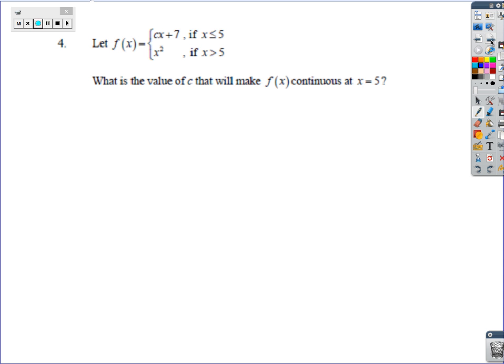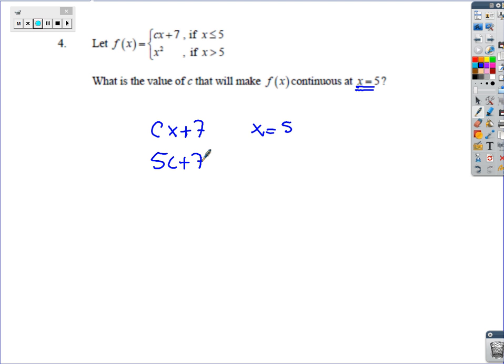Looking at number 4, they've given you two piecewise functions, and they want to know where it would be continuous at x equals 5. So essentially, for it to be continuous, you need to have both of these pieces meet at x equals 5. So cx plus 7, we're going to substitute x equals 5, so I'm going to have 5c plus 7.